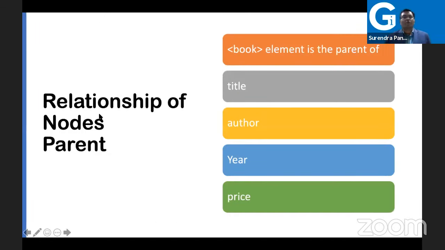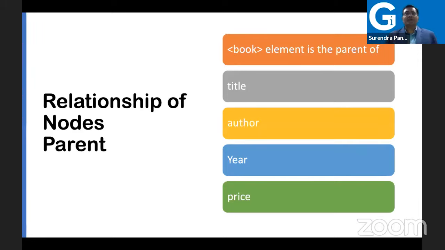What is the relationship of nodes with the parent here? Which node do we call the parent node? In the example of the bookstore, the book element is the parent, and this book element is the parent of the nodes title, author, year, and price. Whereas bookstore is the grandparent of the title and the parent of the book.